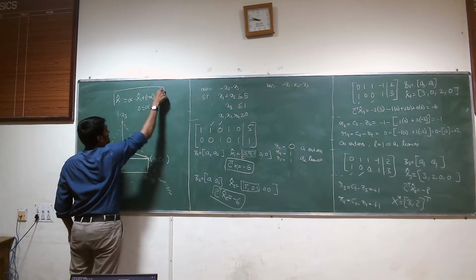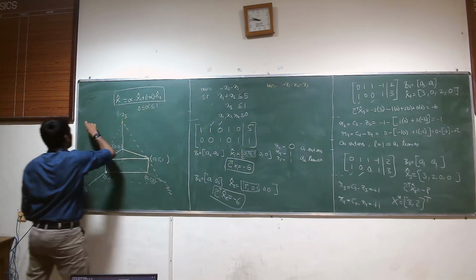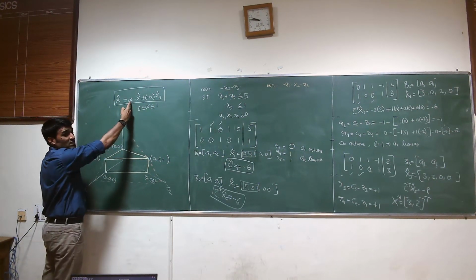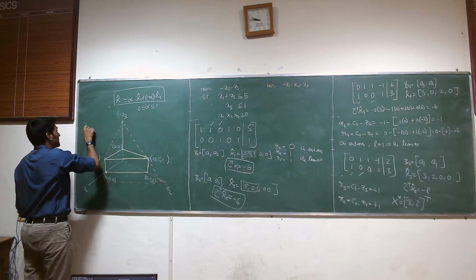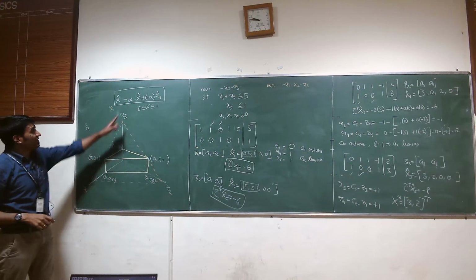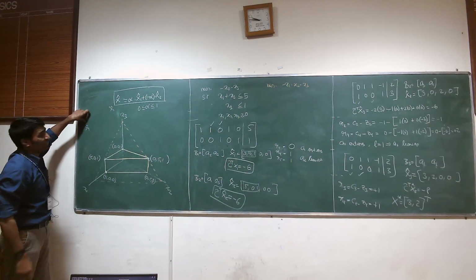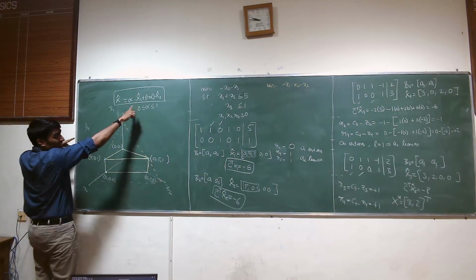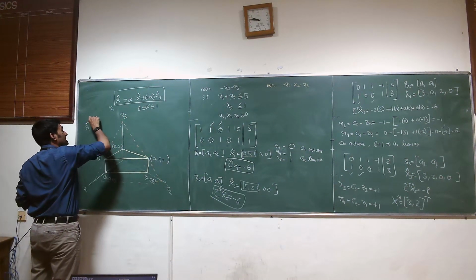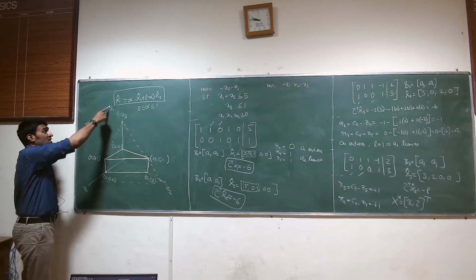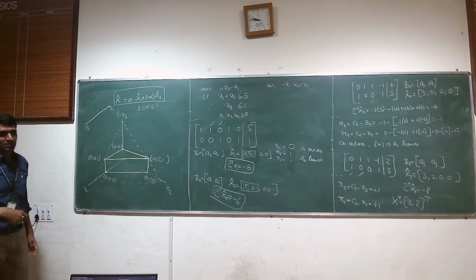What this essentially does, if you have 2 points and you change the value of alpha from 0 to 1, and let's say this is x1, this is x2: if alpha is 1, x cap is x1. If alpha is 0, then x cap is x2 cap. And what you get by doing this is essentially this line segment. You get all the points in the line segment joining these two.